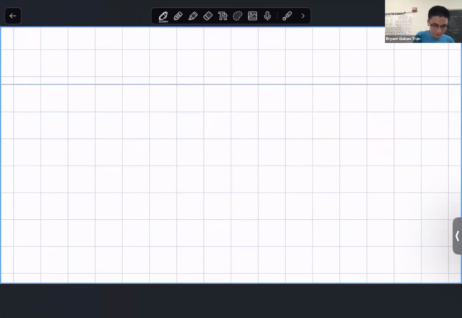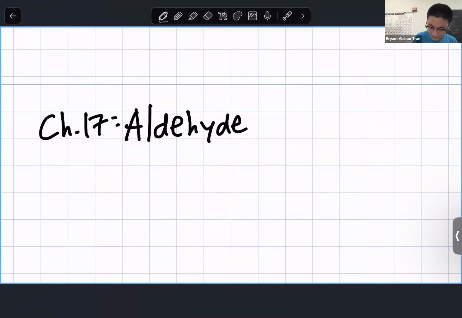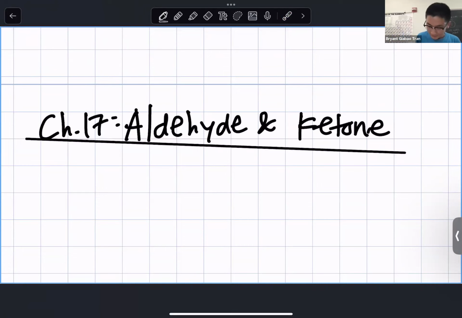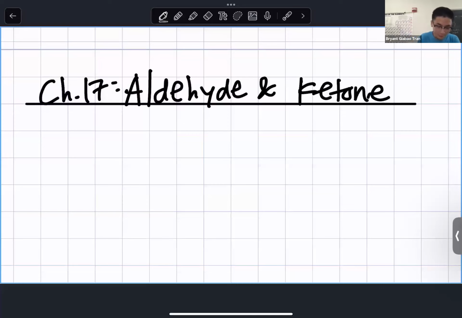Okay, so let's start chapter 17, which is the aldehyde and ketone chapter. An aldehyde is an R group, carbonyl, and a hydrogen right there.